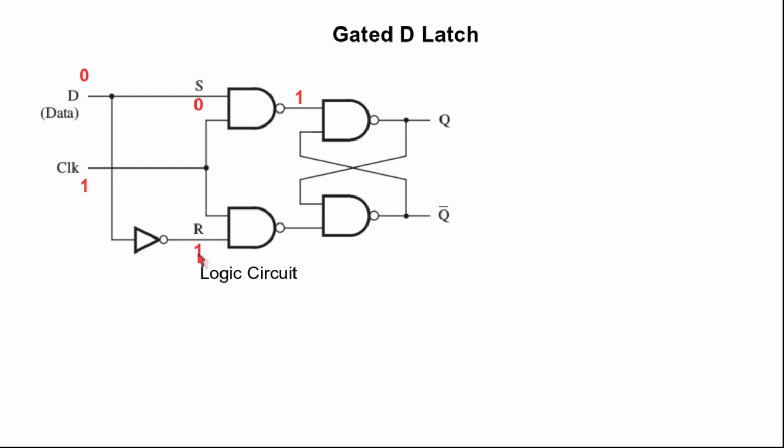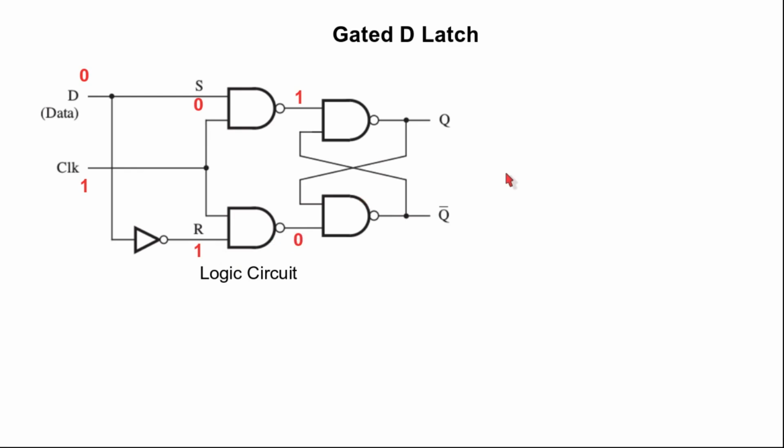Hence, the output of the first NAND gate will be 1, because one input is 0 and the other input is 1. And for the second NAND gate, one input is 1, the other input is also 1, and hence the output of the NAND gate will be 0.